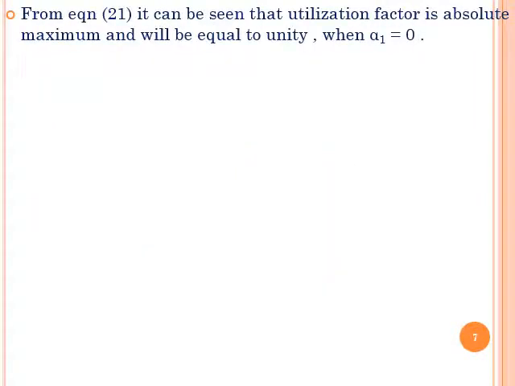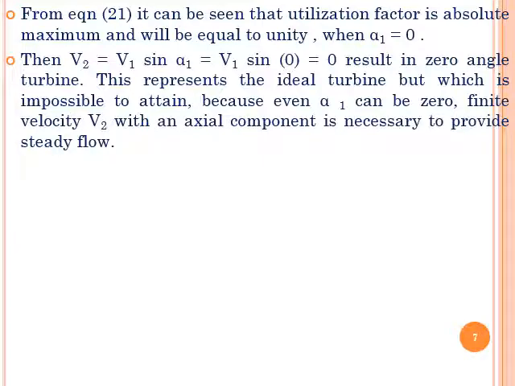From equation number 21, the previous expression, we can see that the utilization factor is absolute maximum and will be equal to unity when alpha 1 is equal to 0. When V2 is equal to V1 sin alpha 1, V1 sin 0 is equal to 0, resulting in a zero angle turbine.